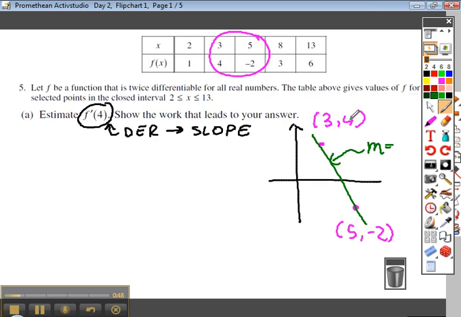Rise over run: 4 minus negative 2, which is 6, over 3 minus 5, which is negative 2. So f prime of 4 is the slope, which is equal to negative 3.